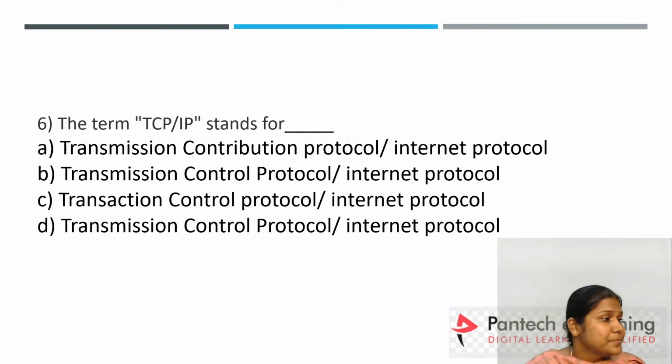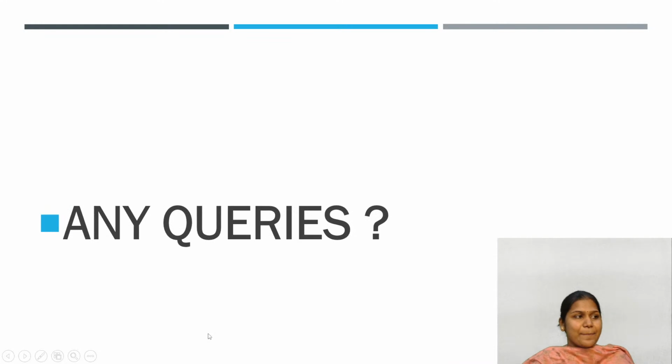Which is the answer? 6B or 6D. Okay, both are correct. Both are the same actually. Transmission Control Protocol or Internet Protocol. 6B, 6D also.